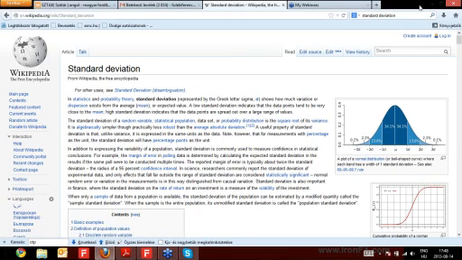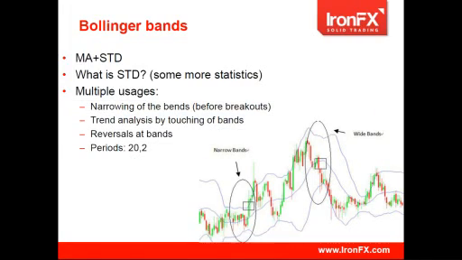Now, if we put this on the chart, as you can see, the moving average here that is plotted has these two bands that also appear.